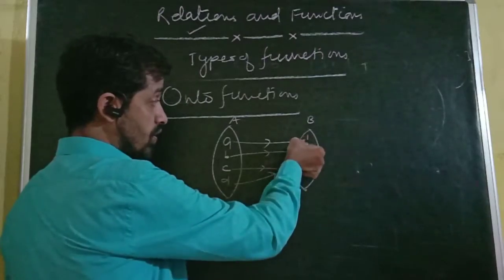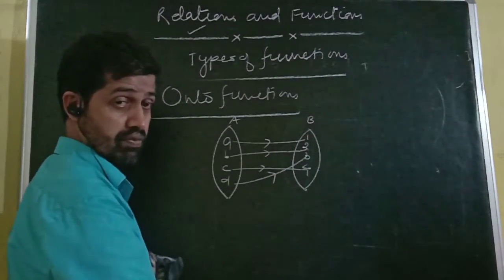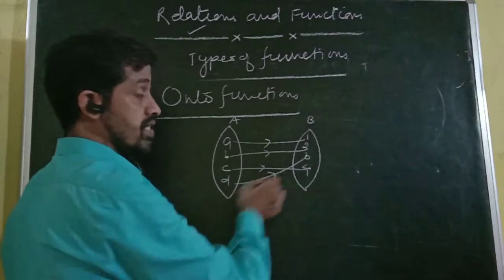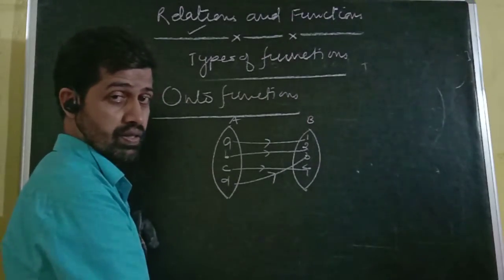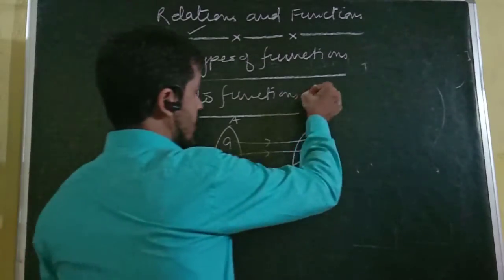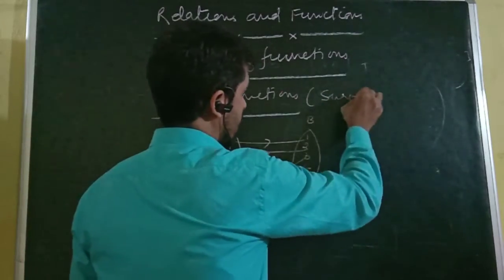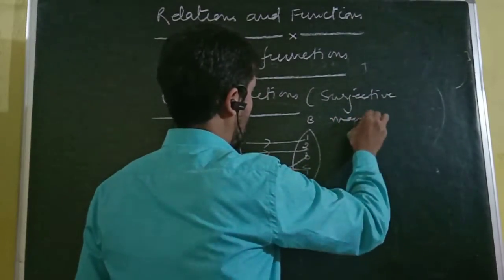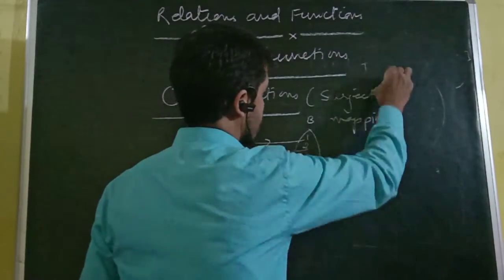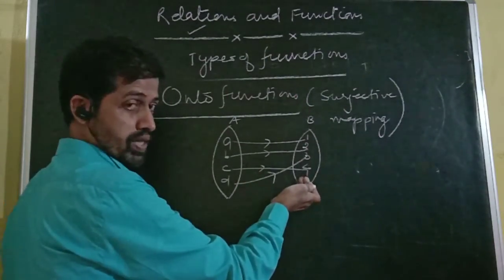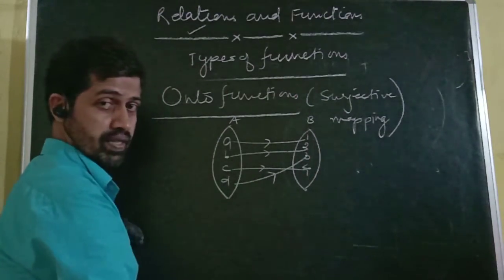So no element of codomain is left which is unassociated to an element of domain. So we say that is onto mapping or surjective mapping. Hope it is clear. So all elements of codomain have pre-images in domain.